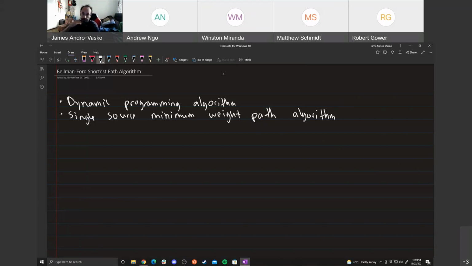So just like Dijkstra's, it's not going to find every possible pair of shortest paths. We're going to pick a start node, and with that start node, we're going to find the shortest path to every node in the graph, but only from that start node to every other node. It's not every pair. But the idea here is that it works for negative edges.